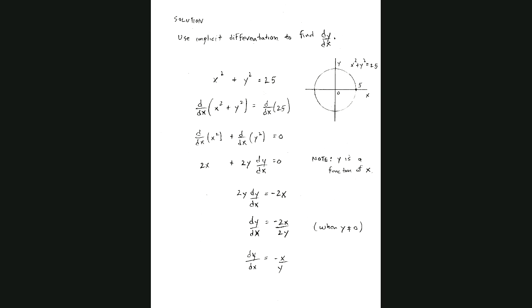One moment. Okay, so this is coordinate 3, 4, and there's the tangent line to the circle at 3, 4.